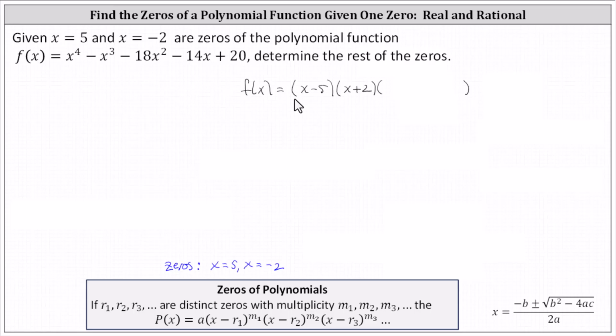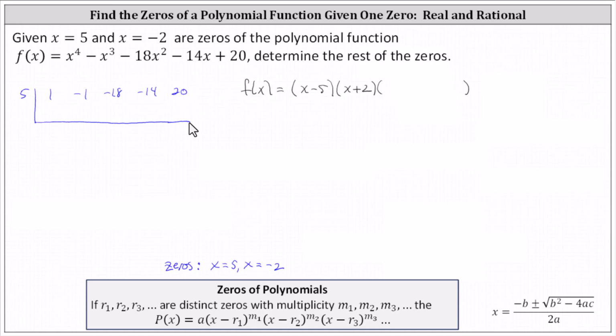To divide by x minus 5, we use the zero of x equals 5, and then we list the coefficients of the polynomial, which are 1, negative 1, negative 18, negative 14, and positive 20.